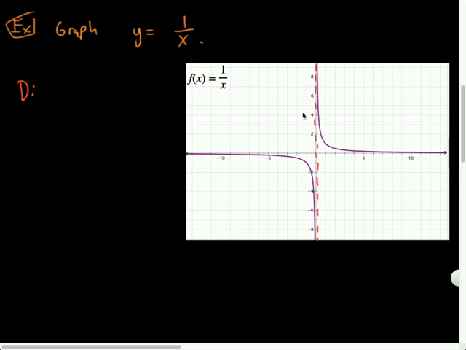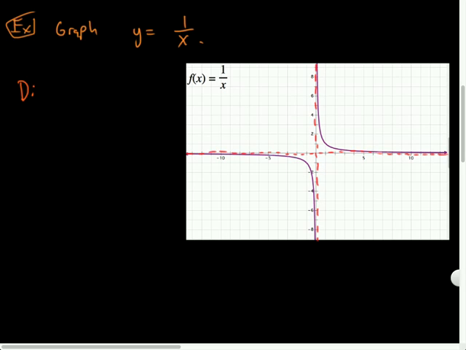X can never equal 0, but it also turns out that y can never equal 0. Why? If it goes on infinitely, it's already going close to 0. Those numbers must be infinitely small, infinitesimal even. It turns out that it doesn't exist at those points.